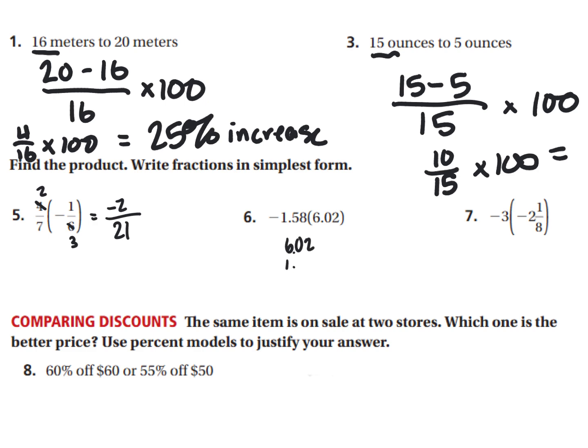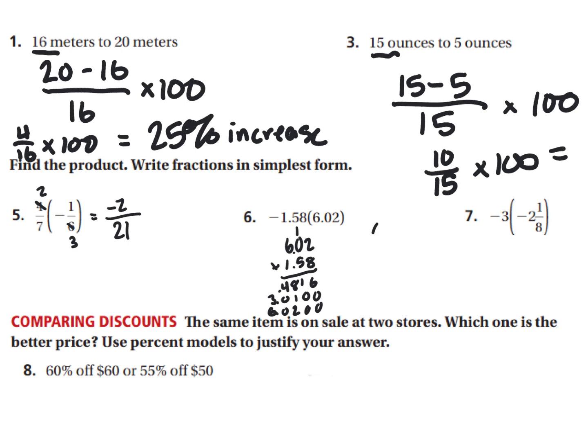For the next one, I have 6.02 times 1.58, and that is negative. I'll account for that at the end. 8 times 2 is 16. 8 times 0 plus 1 is 1. And then 48. I have 4 decimal points, so it'll go there. Add my 0. 5 times 2 is 10. Add the 1. 1 goes there, and then I have 30. 2 zeros, and then 1 times 2 is 2. 0 times 1 is 0. 1 times 6 is 6.